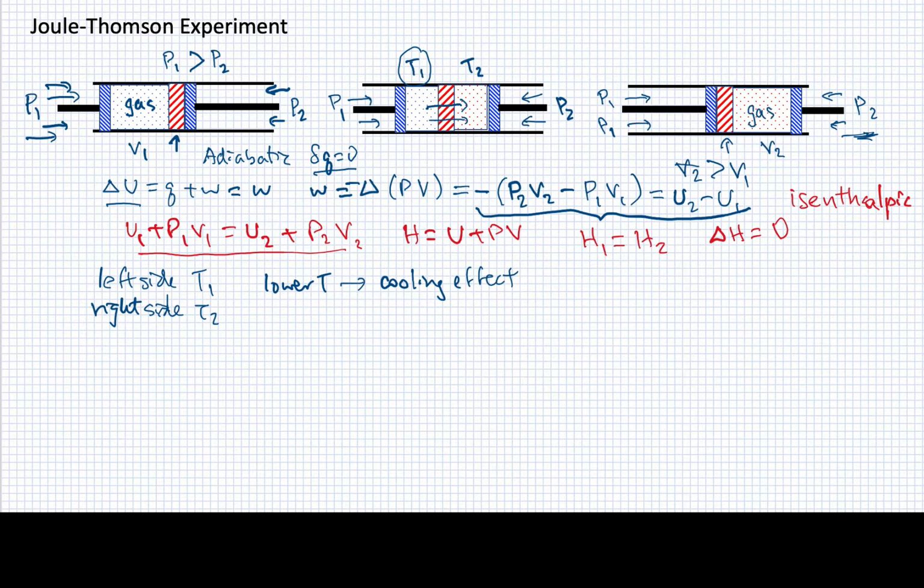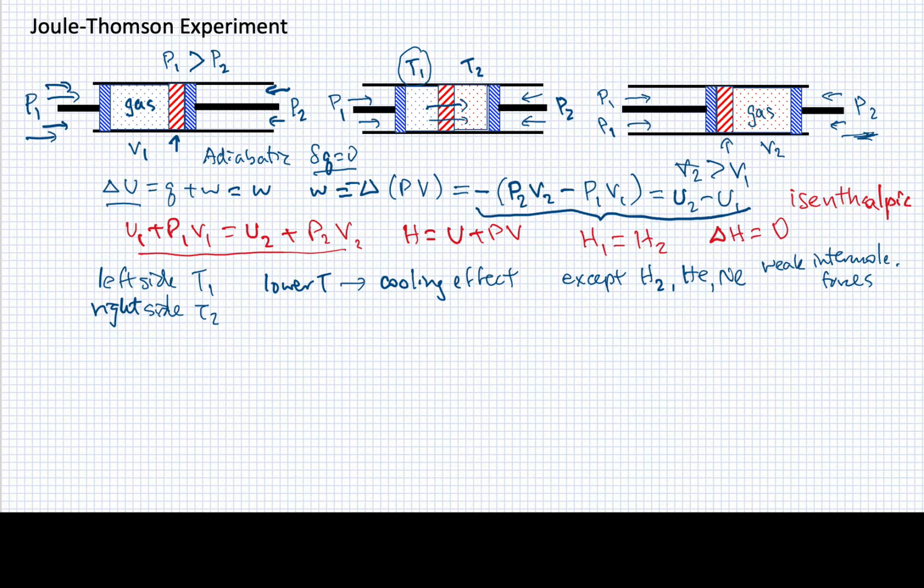Now this is true of all of the gases except for a couple, and the ones that it didn't cool for were things like hydrogen gas and helium gas, and neon, I believe, is another one. And these are all gases that have very weak attractive forces, so weak intermolecular forces, which is a clue here for what's going on.